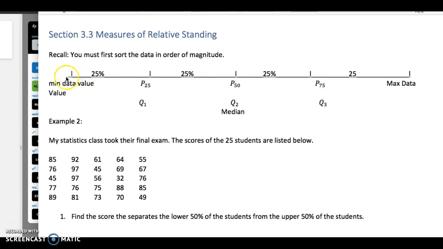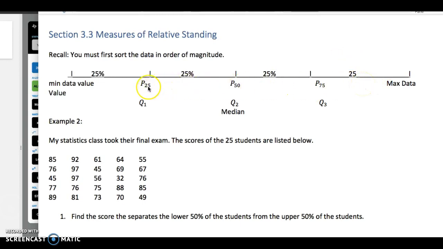So first, if you were to sort your data in order from the smallest data value all the way to the largest data value, you would put about 25% here, 25% here, 25% here, and 25% here.